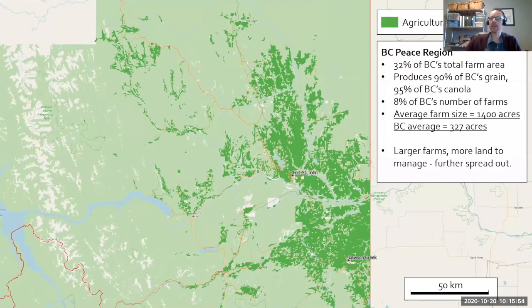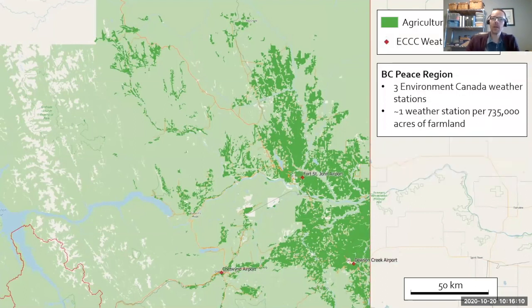What that means is there's more land to manage, and it's further spread out. Not all the farmland is going to be within a kilometer or two of the farm. It's going to be 20, 30, 40, 50 kilometers away, which is important when you're trying to manage land that is far away. If we look at the weather data, and this goes back to the initial gap analysis, with Environment Canada there are 3 stations in the whole region.